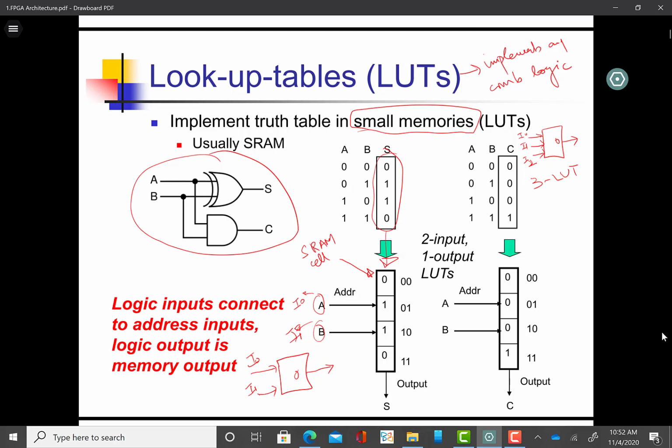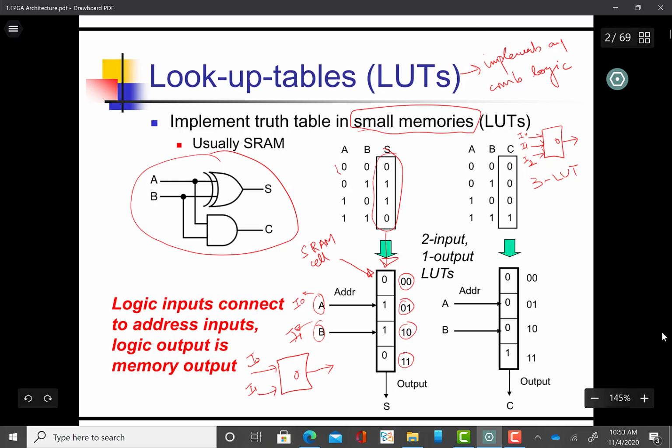So a lookup table is nothing else than a combination of SRAM cells in which we can store the truth table. So how does it implement the truth table? The first cell has an address of 0, 0, the second cell has an address of 0, 1, the third cell has an address of 1, 0, and the fourth cell has an address of 1, 1.